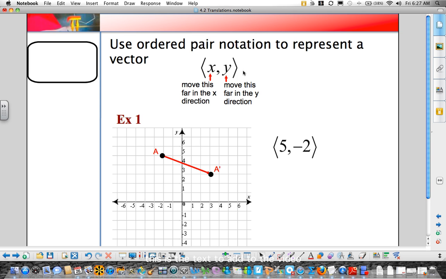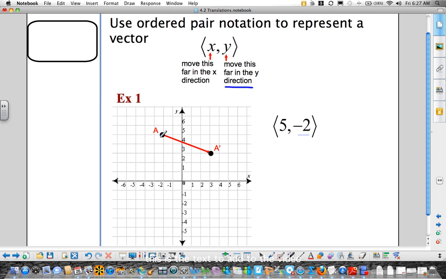So let's look at this particular example. The first number that we see here, the 5, tells me how far to move my figure in the x direction. And then the second number, -2, tells me how far to move my figure in the y direction. So here in the diagram, we have point A, and then we have point A prime.